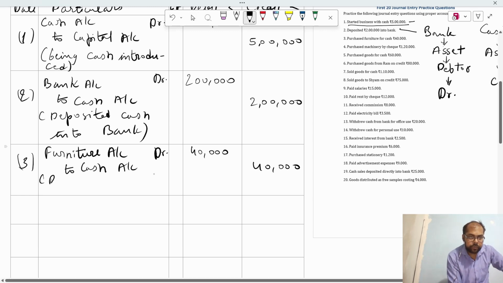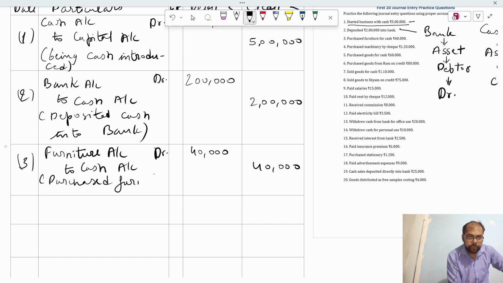Narration should be purchased furniture. Simple. Furniture is an asset, and it is increasing, therefore debited. Cash is also an asset, and it is decreasing, therefore credited. The same logic as we have seen in the earlier transaction.